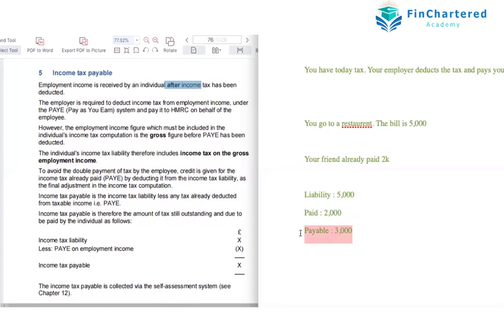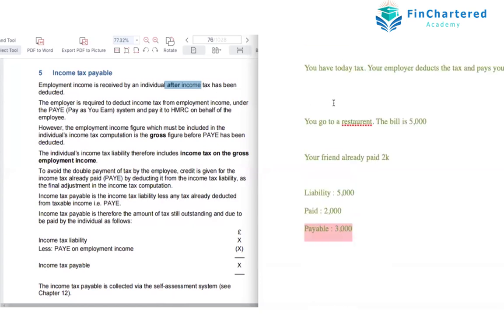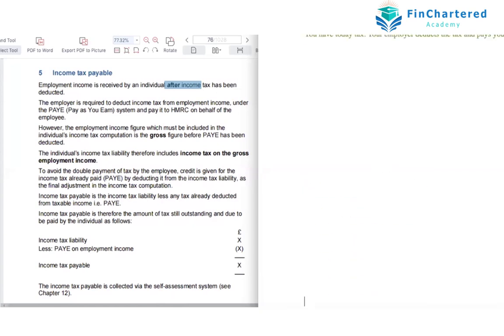In order to understand pay as you earn, 2 ingredients are needed. Ingredient 1, you need to understand that certain employees receive income after income tax is deducted.